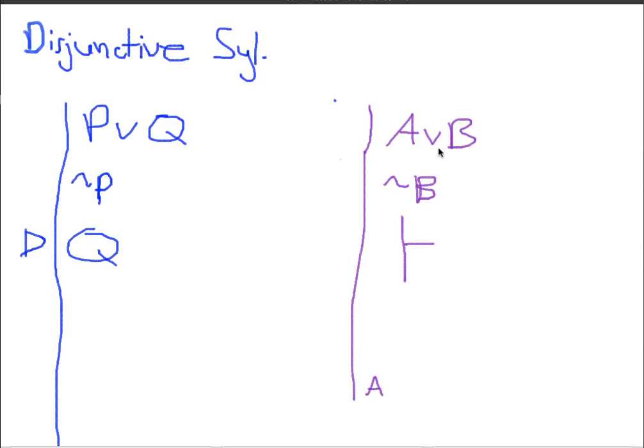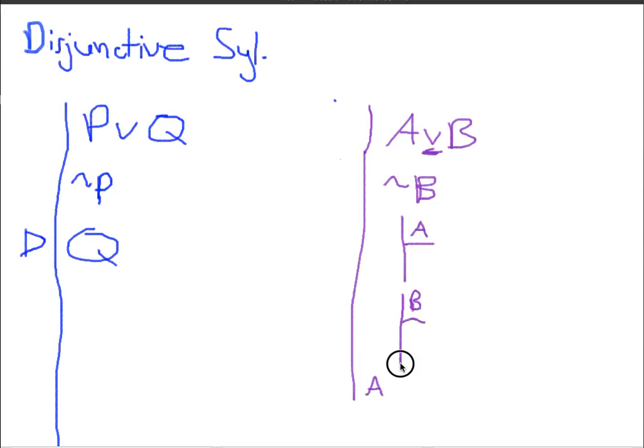We can use disjunction elimination, right? So we can do what we ordinarily think of as our proof by cases. We assume in the first case that A is the case, and then we assume later that B is the case. Our goal using disjunction elimination is to get A in both of our subderivations.